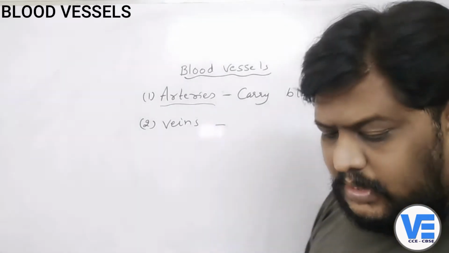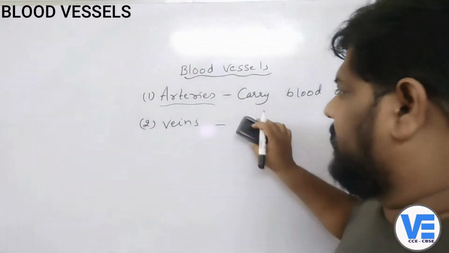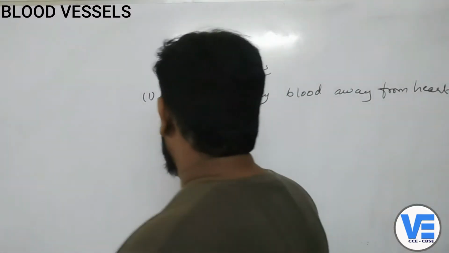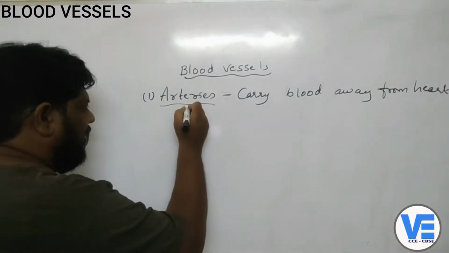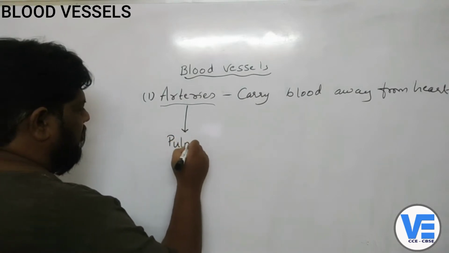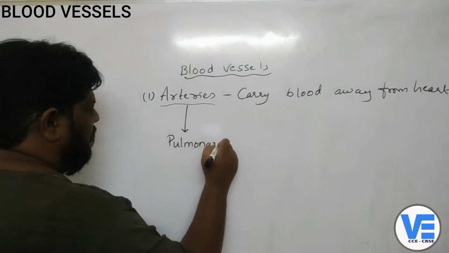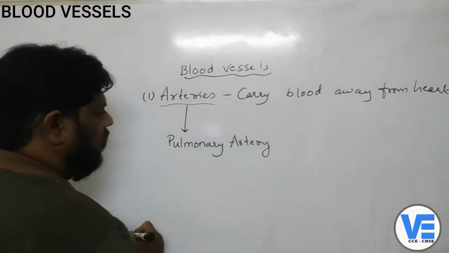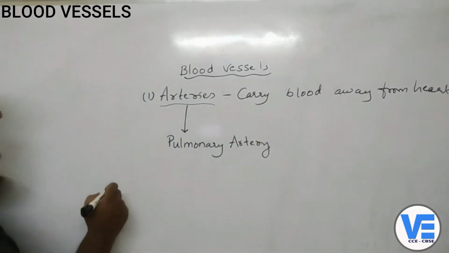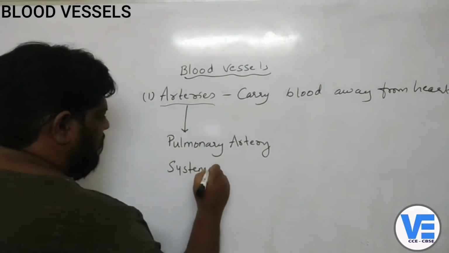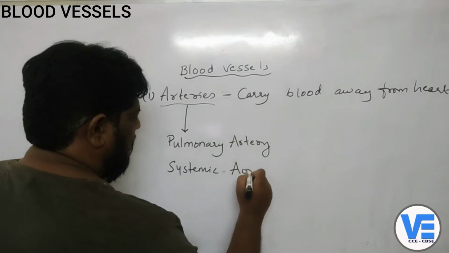Okay, now coming to the types of arteries, I write the arteries here. You can see three types of arteries. One is the pulmonary artery. Second one is the systemic aorta.